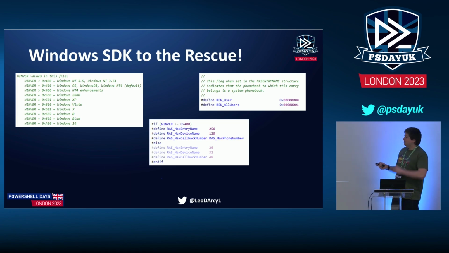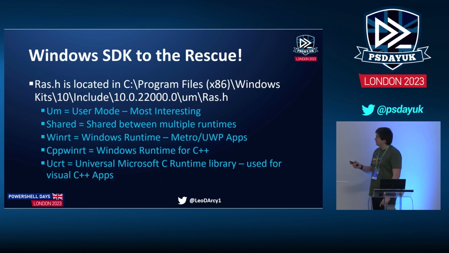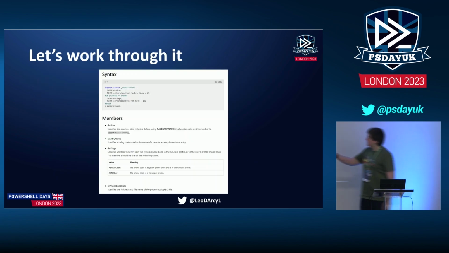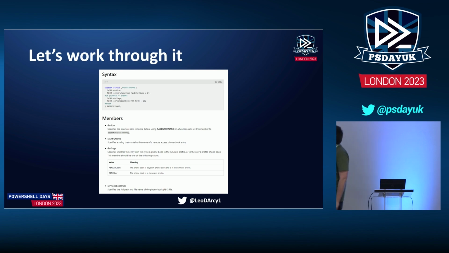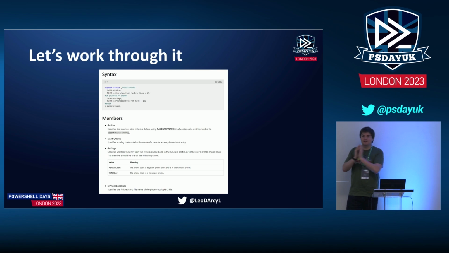I forgot to mention it earlier, but what you see here is that the entry name is of type RAS_MaxEntryName + 1. In C, you don't have dynamic strings as such, you will generally have fixed length strings.